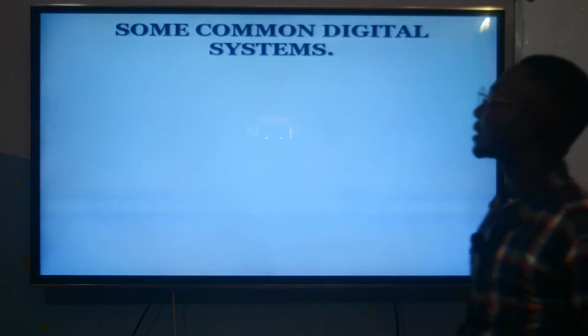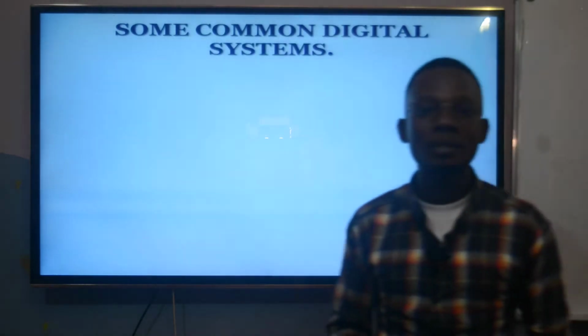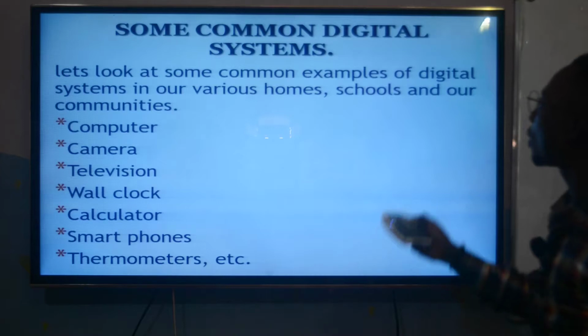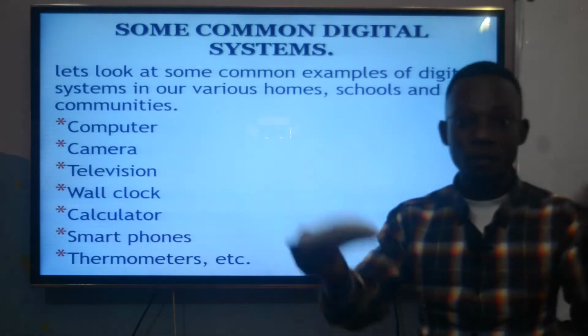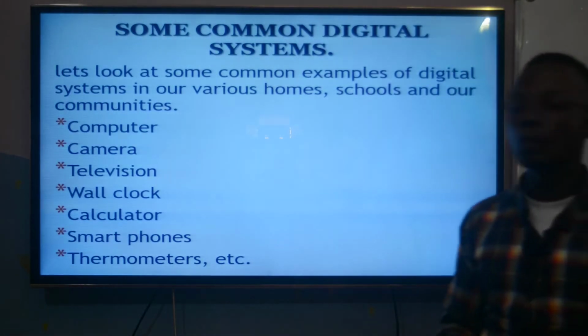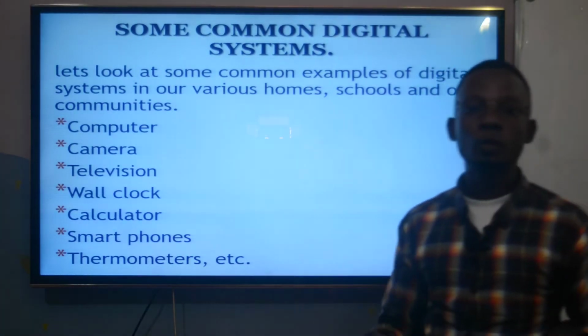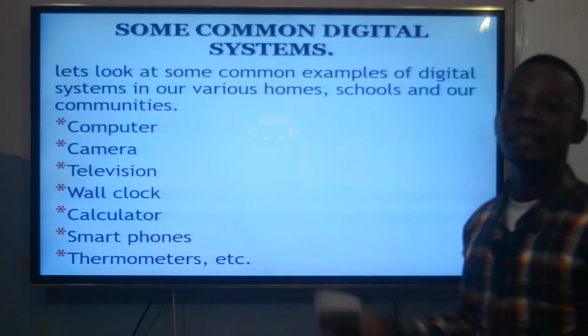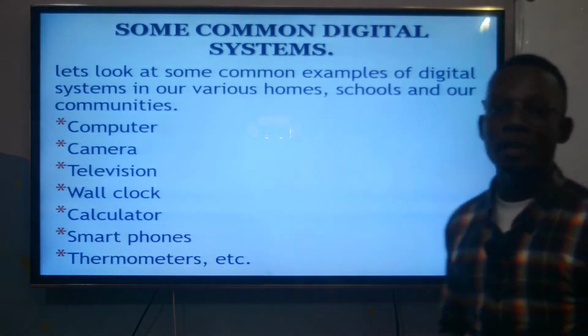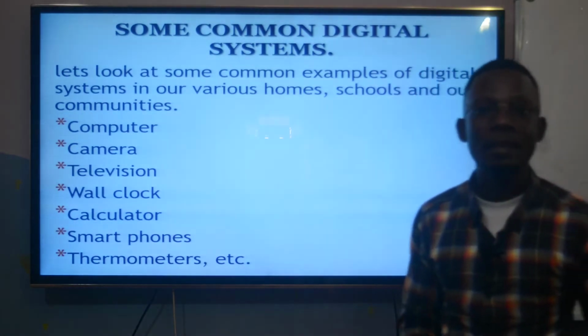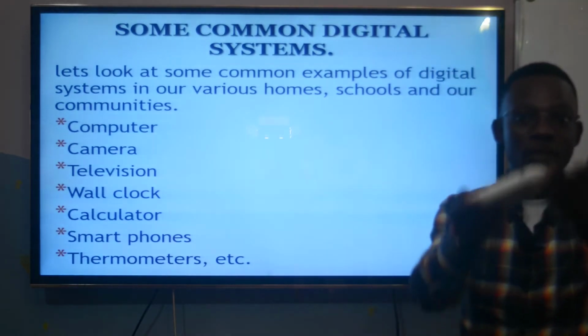Now the next thing is some common digital systems that we use, common examples in our various homes, offices, and schools. Number one is computer. As we all know, we use computers a lot in this season. And we have camera. Even right now, the camera is helping me to communicate to you.